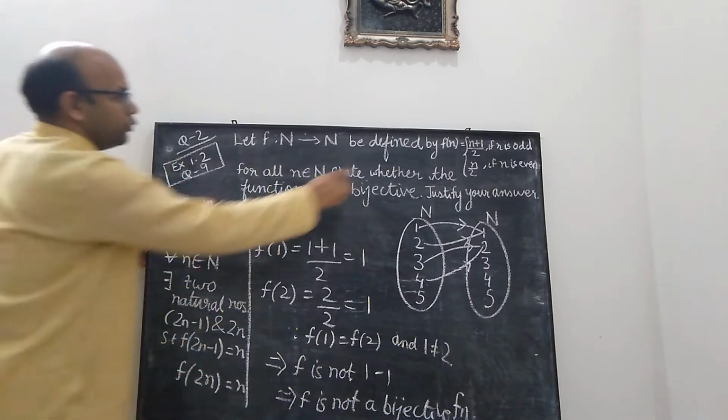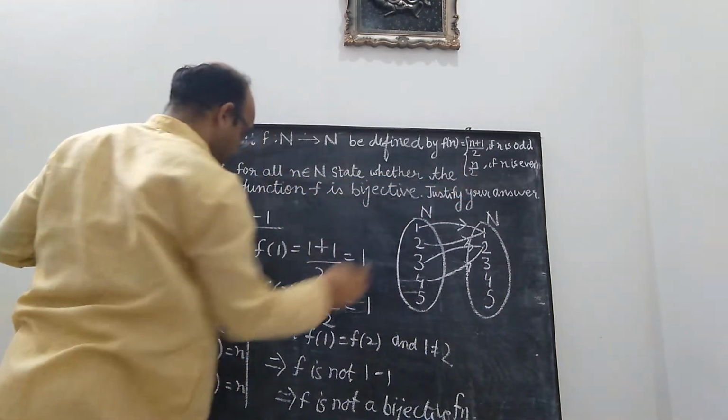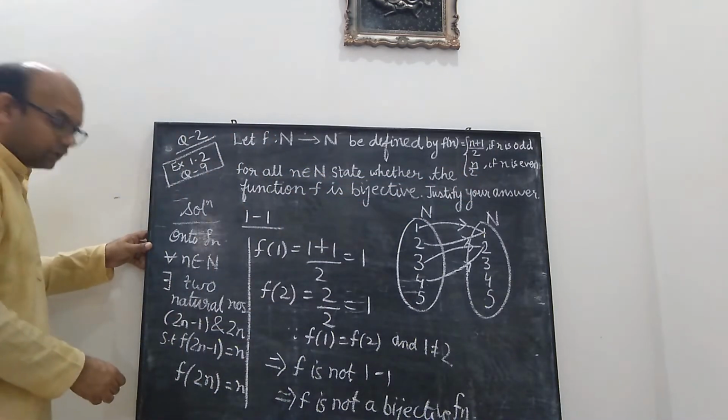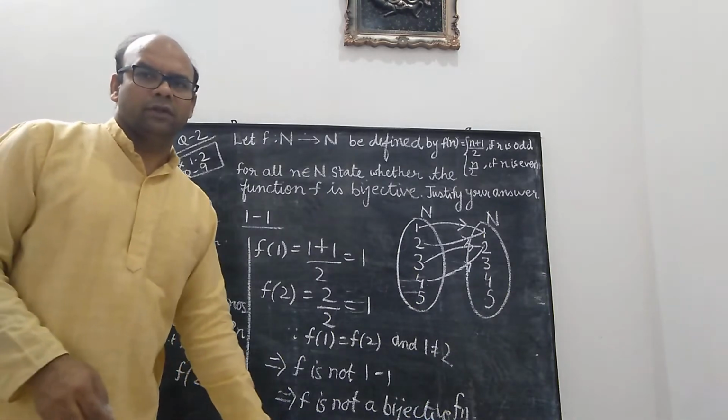For this we use the definition, and to calculate f of 2n, we say 2n by 2 is n. Therefore, the function is an onto function, and we just move on to the next question.